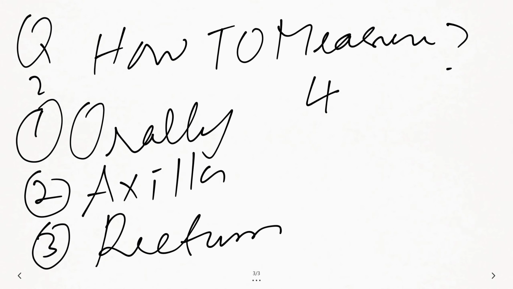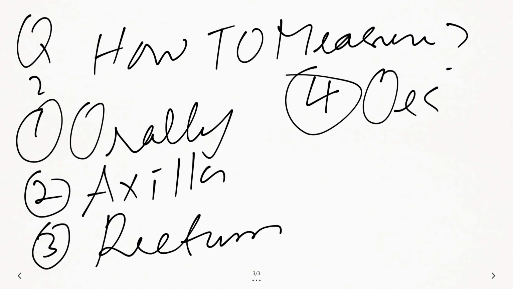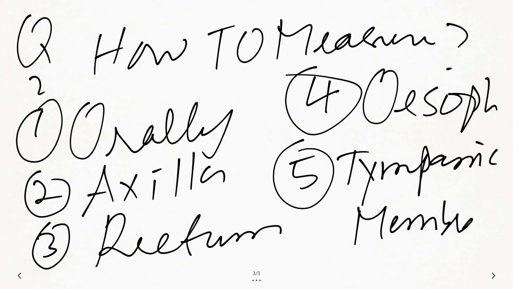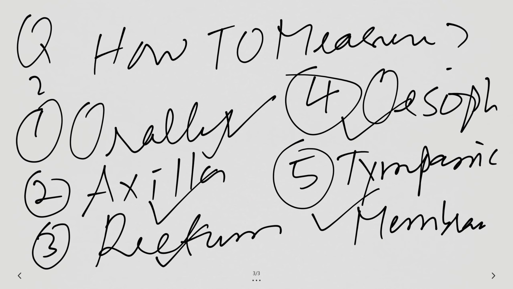Number four, esophagus. And number five, tympanic membrane. This may be new to you, but it is involved also, okay? So orally, through the oral cavity, through the axilla, rectum, esophagus, and tympanic membrane. These answers are more than enough, okay?